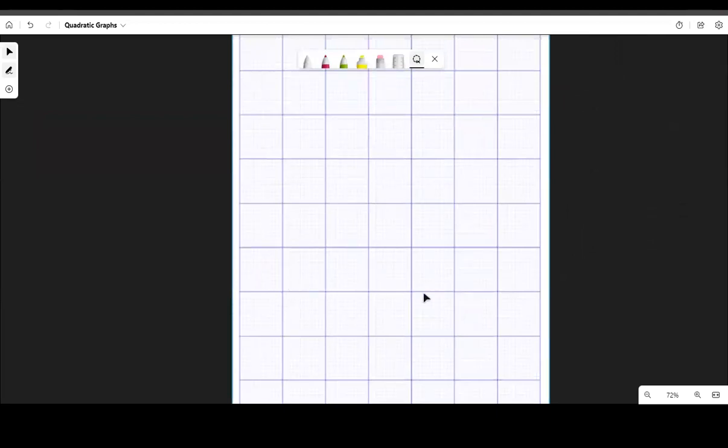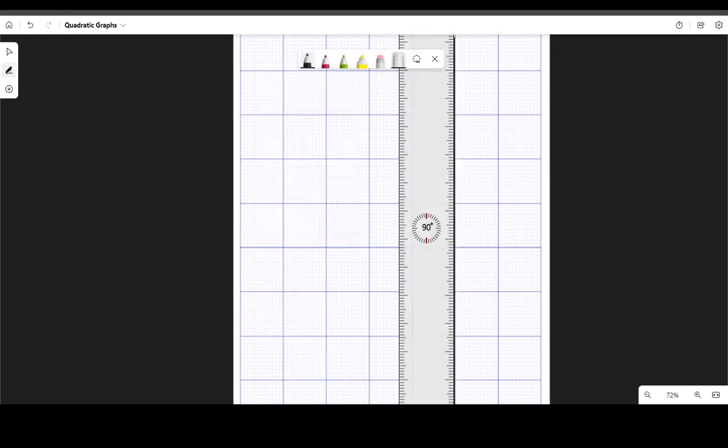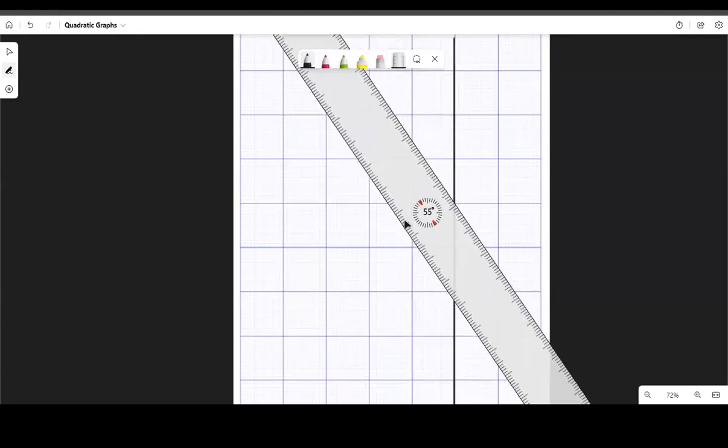I have up to 5 there. So let's assume this is my 0, then negative 1, negative 2, negative 3, negative 4, negative 5. Okay, that will be enough. That is the y-axis. Let's get the x-axis.